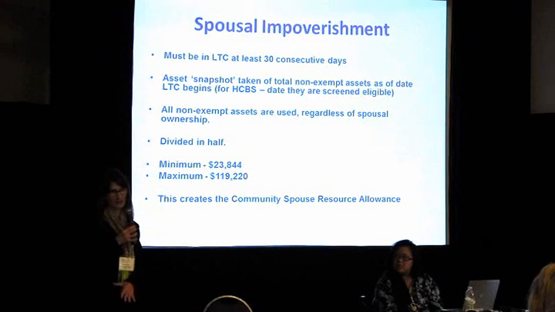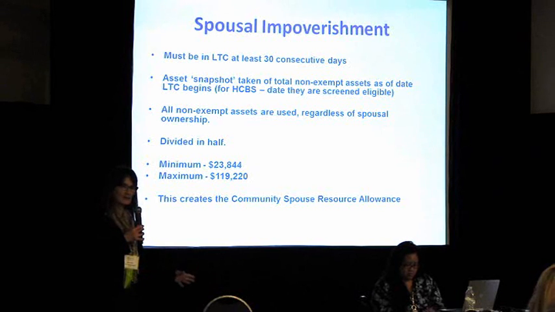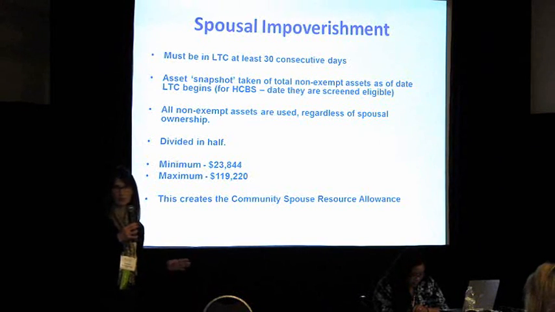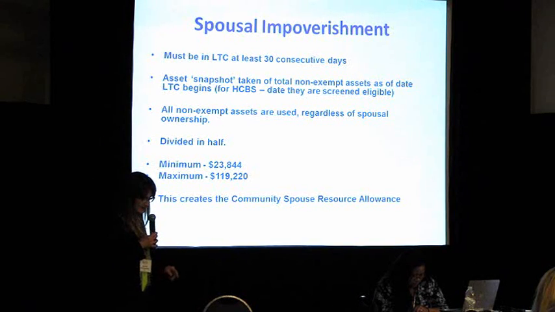And now 2 years later, she's in for a long-term stay. They don't think she's going to come back home. Well, we have to go back and look at that time from 2 years ago when she was in for 30 consecutive days. So that is really an important thing to remember, because the snapshot that we're going to talk about only happens once, and that's when it's 30 consecutive days.